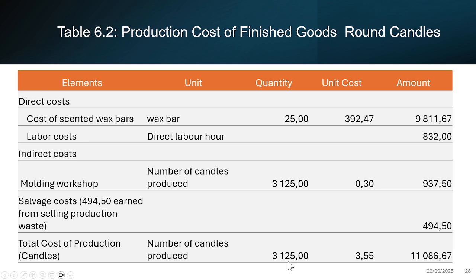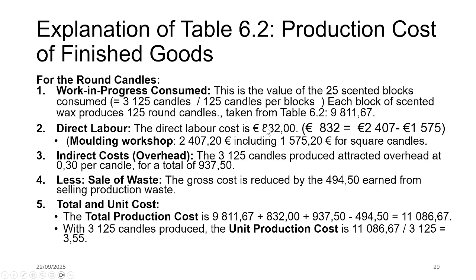Each block of scented wax produces 125 candles. So we have 25 scented blocks consumed, equal to 3,125 candles produced divided by 125 candles per block used.